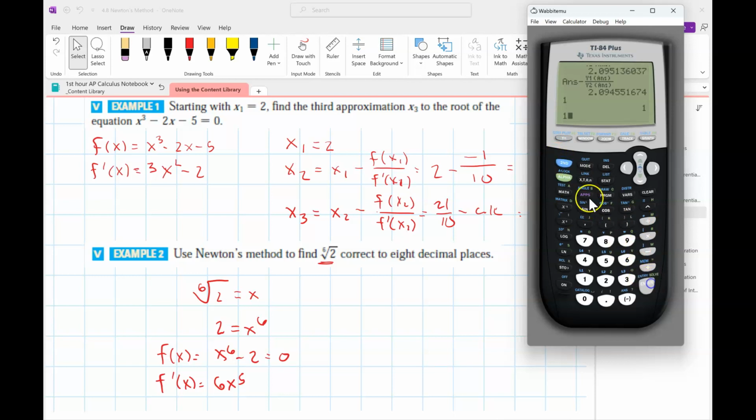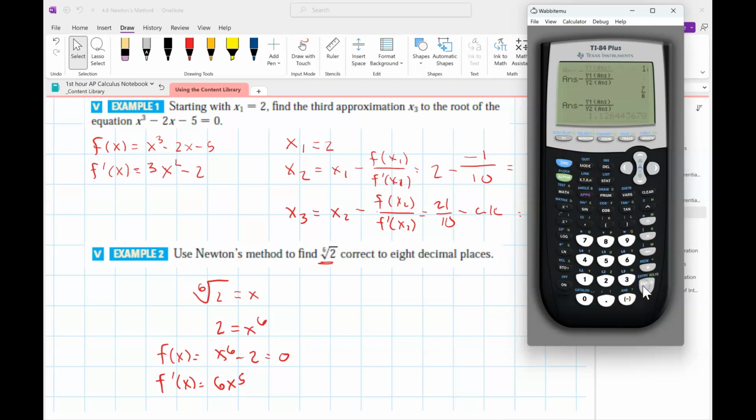And if I do second and enter twice, it gives me that formula that we typed in earlier. Notice I didn't have to retype it again. And now I'm just going to press enter. Maybe if I just press this enough times, it'll give me a decimal.